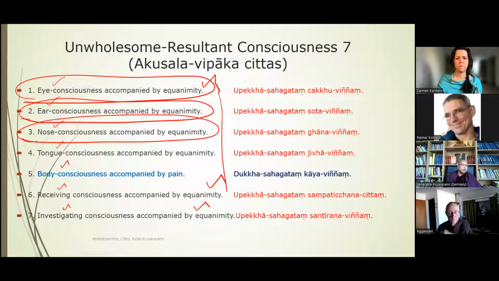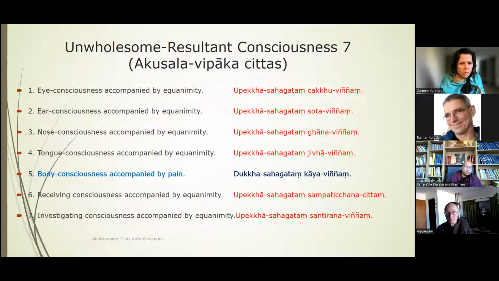If we say cetasikas, 12 unwholesome cetasikas, because of these 12 unwholesome cetasikas, we have these 7 consciousnesses. It's just a resultant. So, for example, if we hear something unpleasant and undesirable, then this cannot stop here. It is a continuation of that.